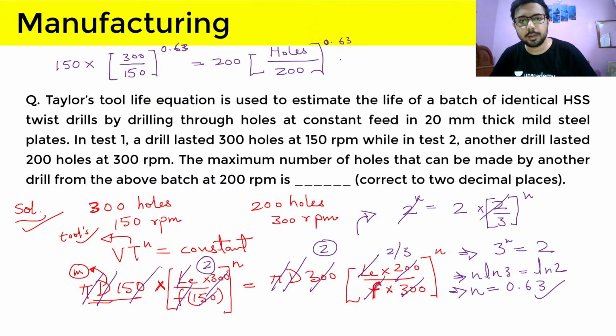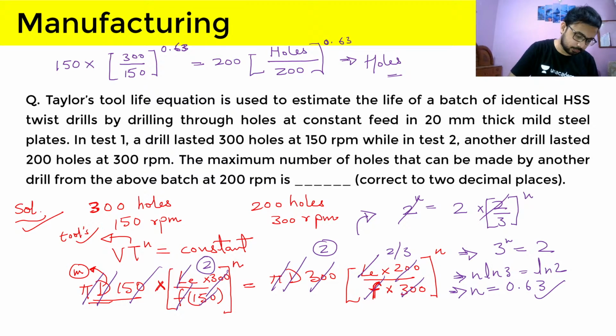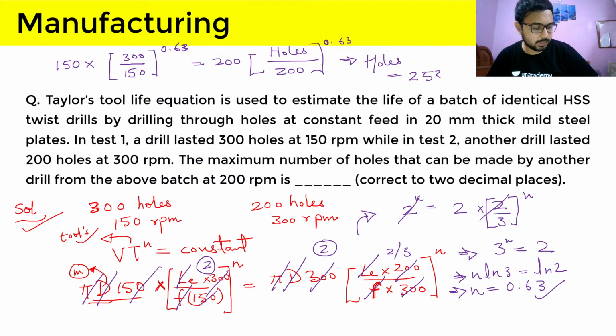So from here holes will be coming out as 253.36.